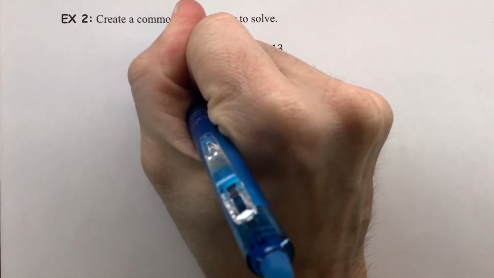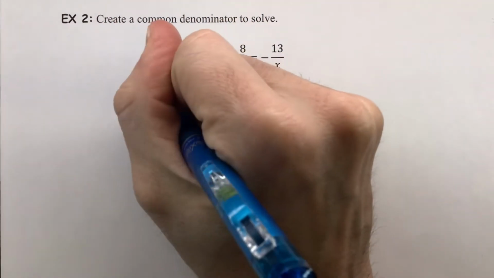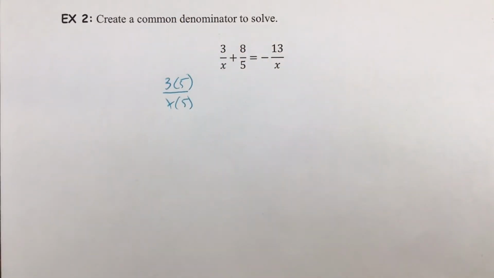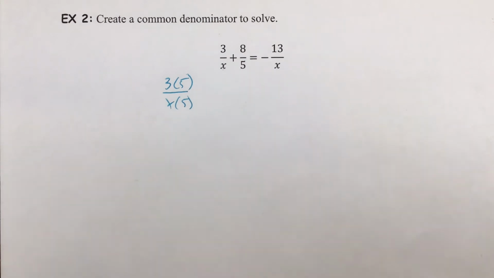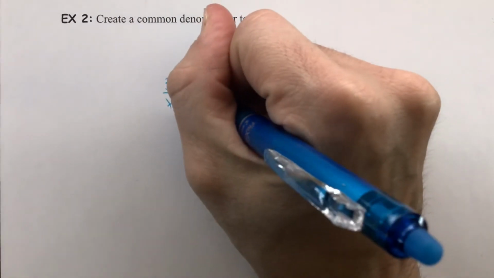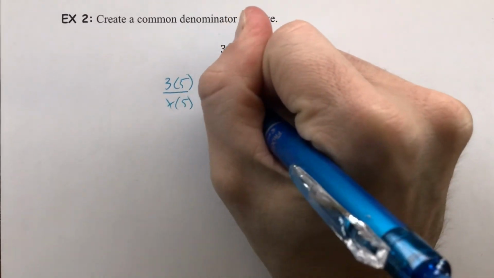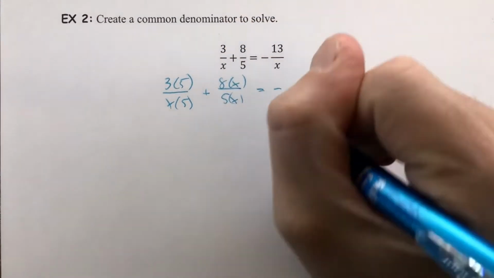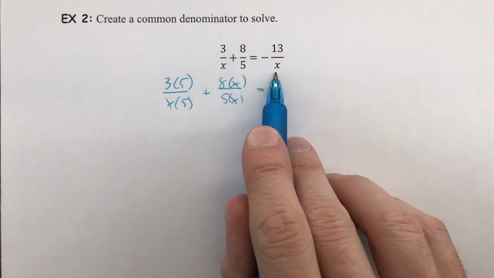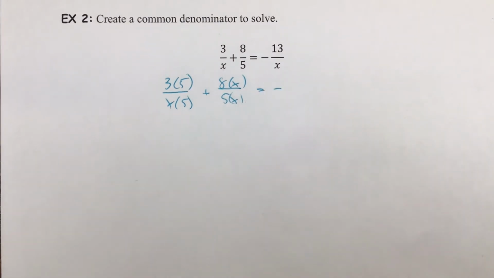So we've got 3 times 5 over x times 5. The second fraction does have the 5 as the denominator. What it doesn't have is an x. So we're going to multiply the top and bottom by x.